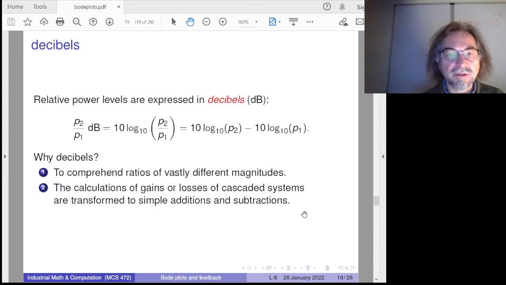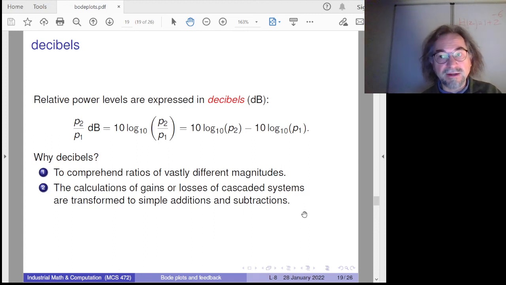Okay, then one unit that you may have encountered are decibels. Decibels are defined as 10 times the log of a ratio. Why decibels? They are used to comprehend and express ratios of vastly different magnitude, going from a classical scale to a logarithmic scale.